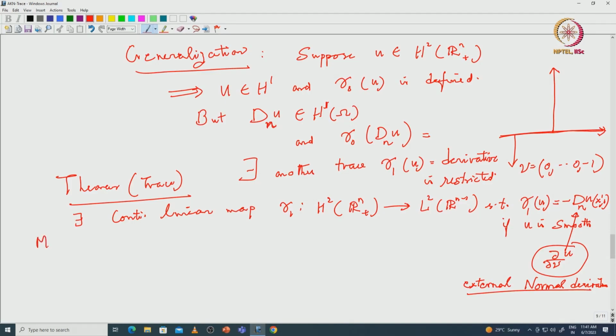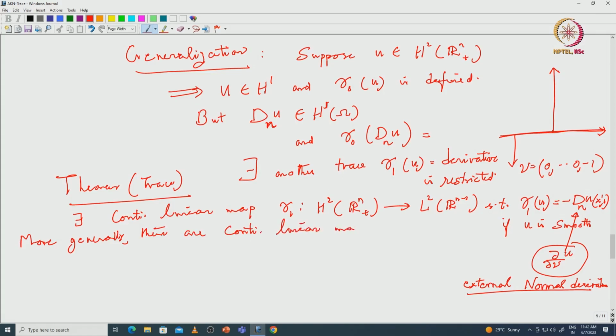So more generally, there are continuous linear maps.